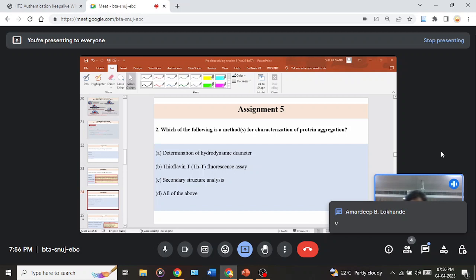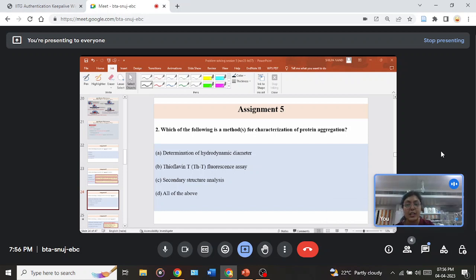So Amardeep says the answer is C, that is secondary structure analysis. Fine. So Amardeep, why not A and why not B? It is fine if you don't know the answer, you won't get any punishment here.